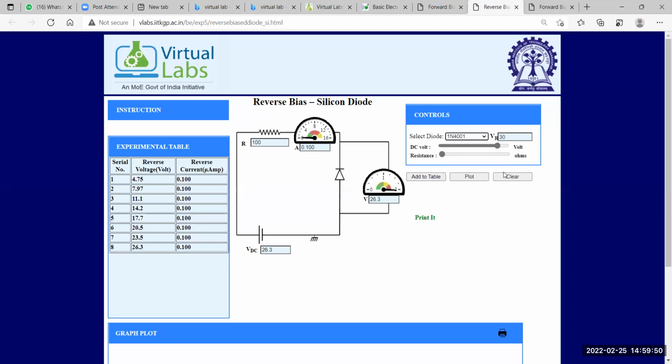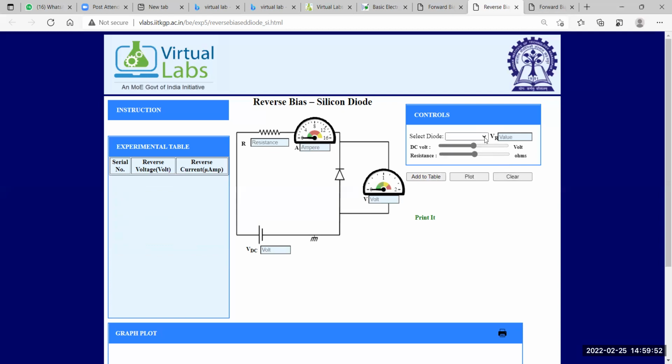Wait, I have forgotten to choose the diode and value. Now start. Now we must keep the resistance constant first and vary the DC volt.